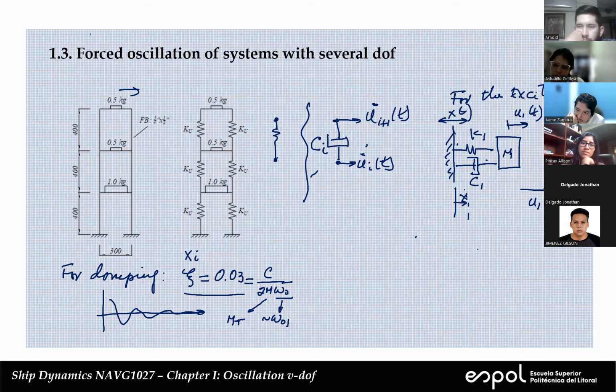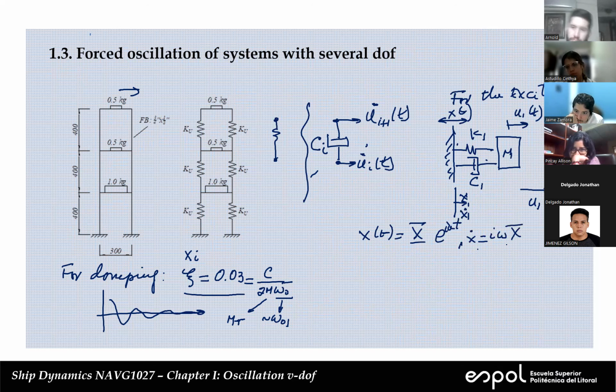But x is known, and of course x dot is also known. So x we can take as an amplitude times e^{i omega t}, and x dot is i omega x e^{i omega t}.